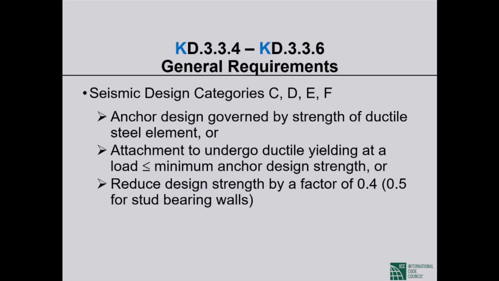So design overstrength anchors rather than ductile anchors. Those are your three choices: ductile anchor failure, failure in the attachment before the anchor gets to its design strength, or overstrength anchors where you reduce nominal strength by a phi factor of 0.4.